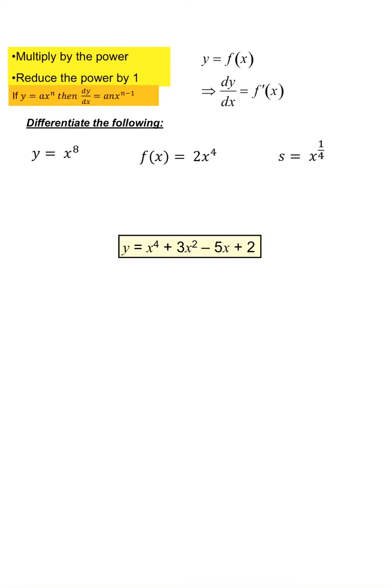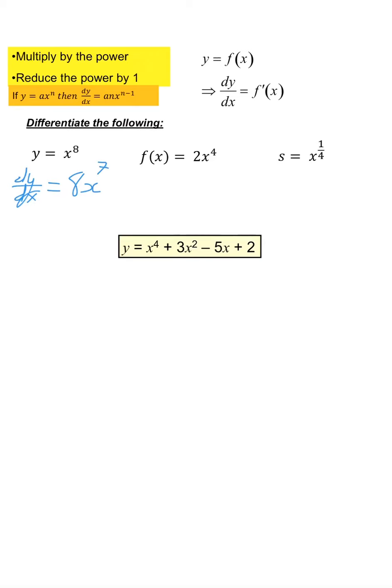So the first one there, you can see y equals x to the power of 8. On the next row now, I'm not writing y, I'm differentiating. So I write it as dy dx equals, now multiply by the power, so it becomes 8x, then reduce the power by 1, so it becomes 7.